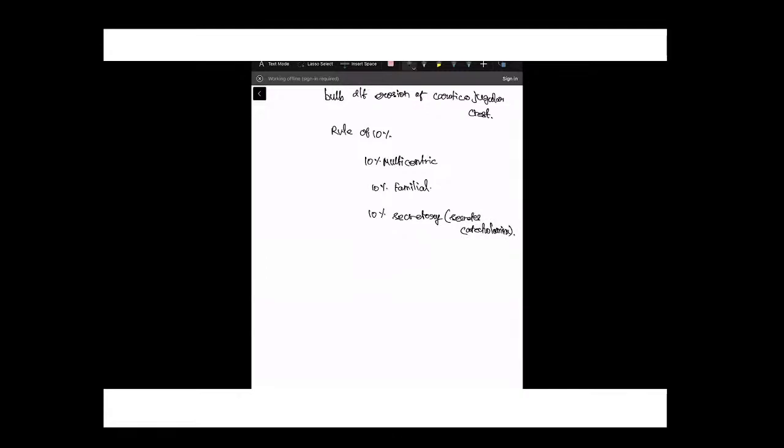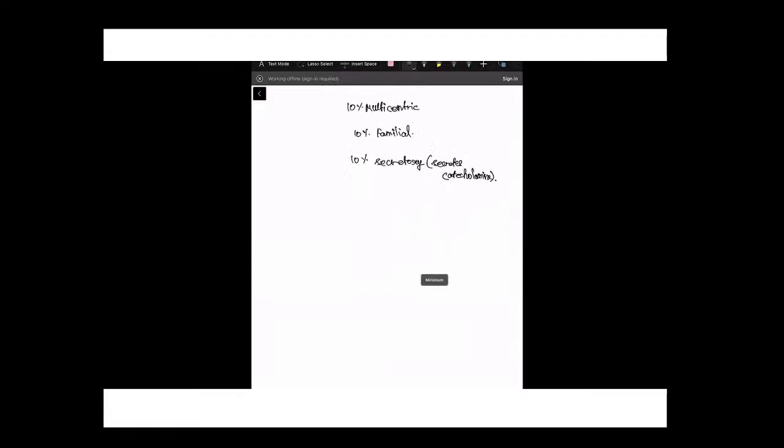Since the paraganglionic cells are supplied by the sympathetic nervous system, the treatment is going to be surgical excision.